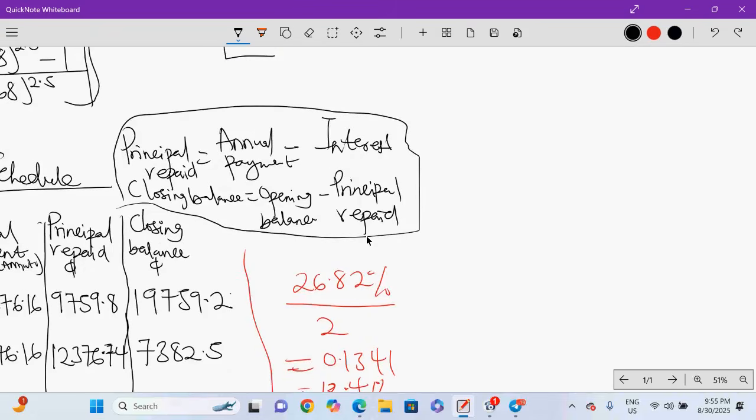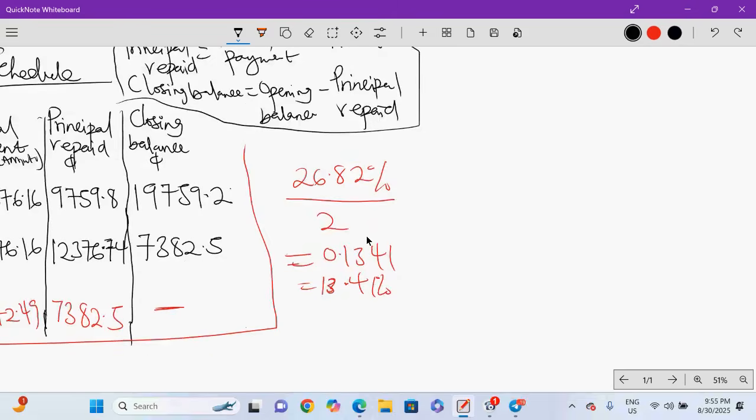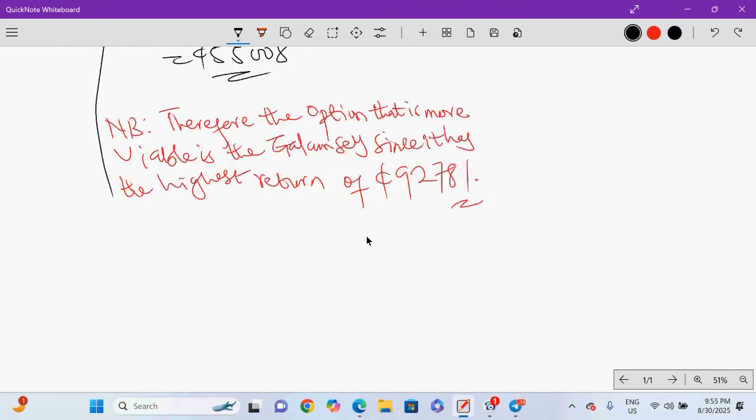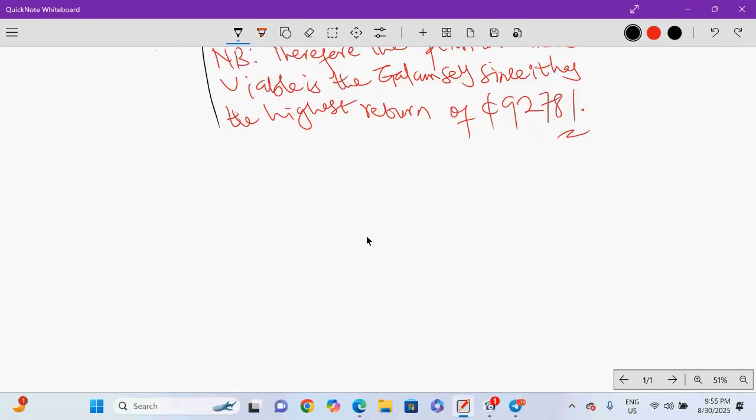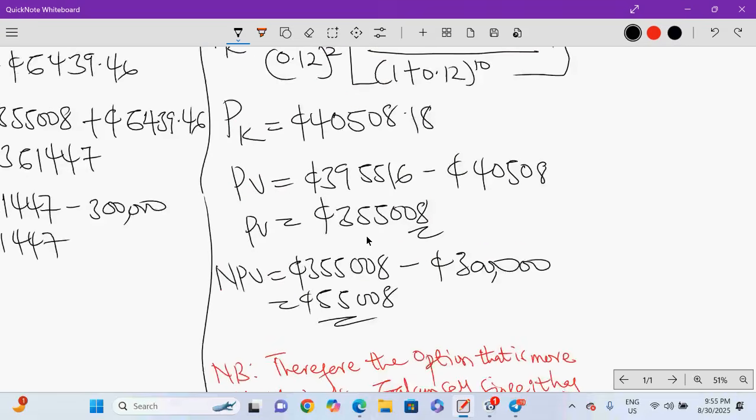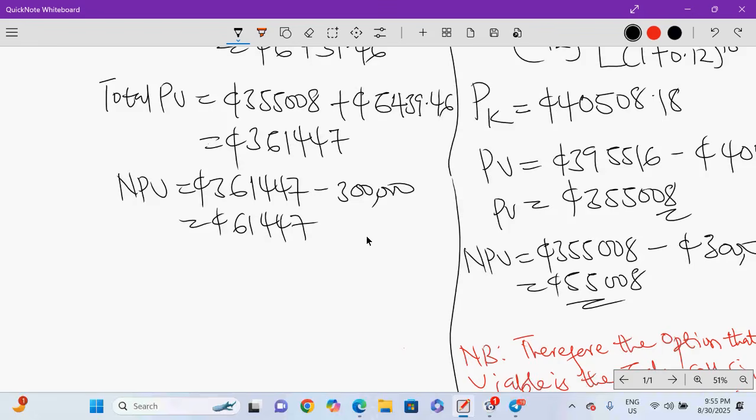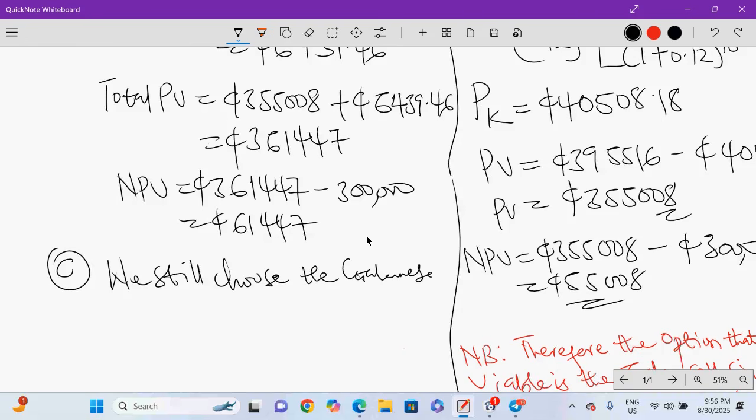And I think we should compute annual worth, which is making A the subject. So we still choose the Galamsey business, because it has the highest NPV.